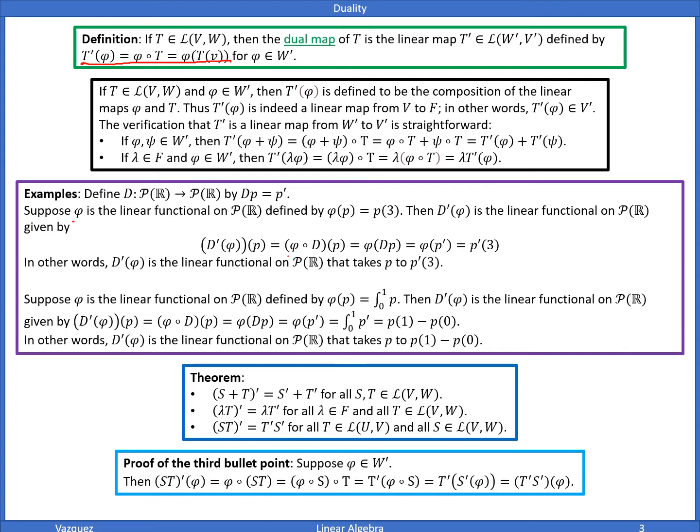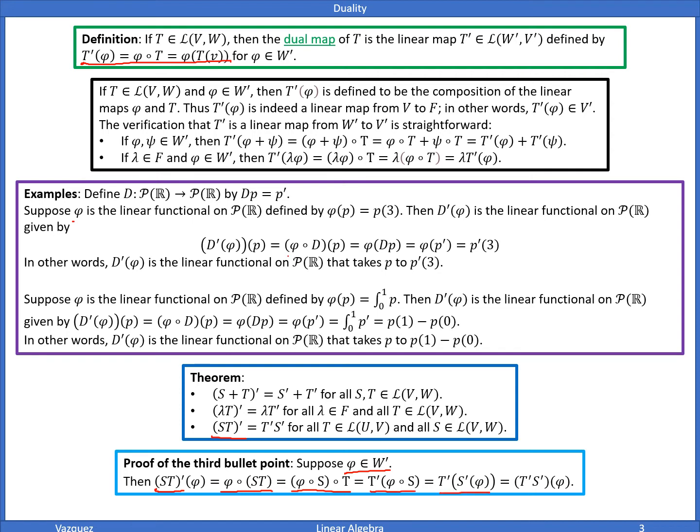So suppose phi is in W prime, or the dual space of W. Then (ST) prime, or the dual map of the product of the linear maps S and T. Again, we're just going to rewrite it using the definition of a dual map. Rewriting it again.